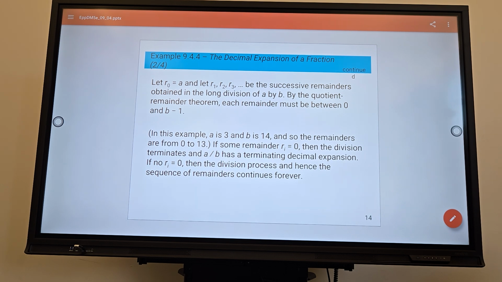If some remainder Ri equals 0, then the division terminates, and a over b has a terminating decimal expansion. If no Ri equals 0, then the division process, and hence the sequence of remainders, continues forever.